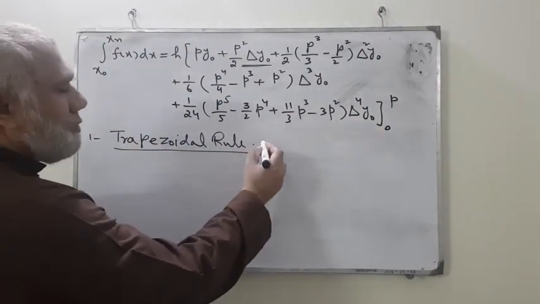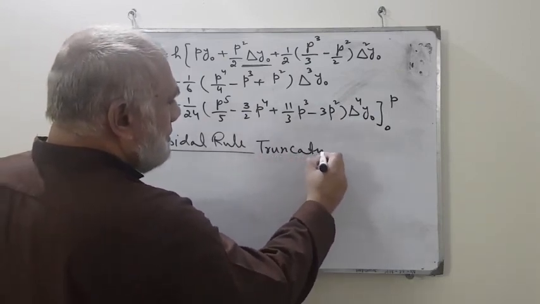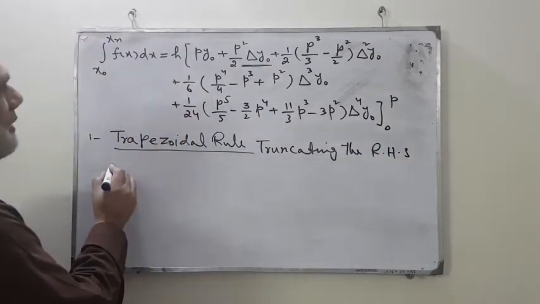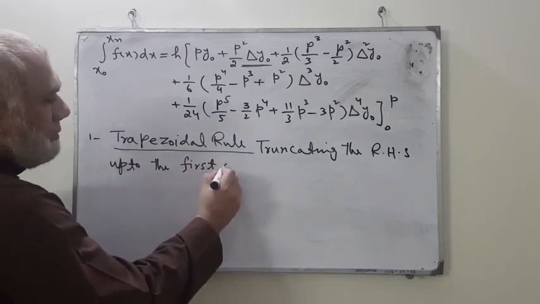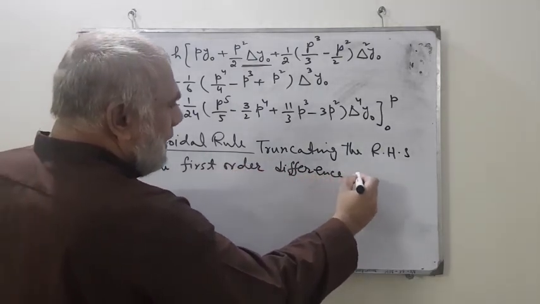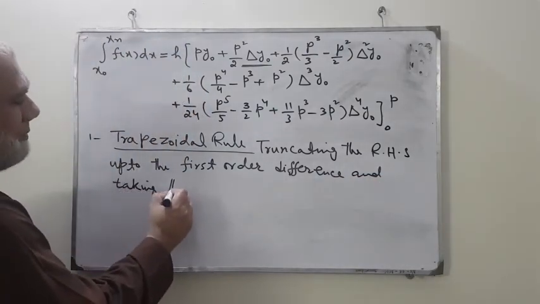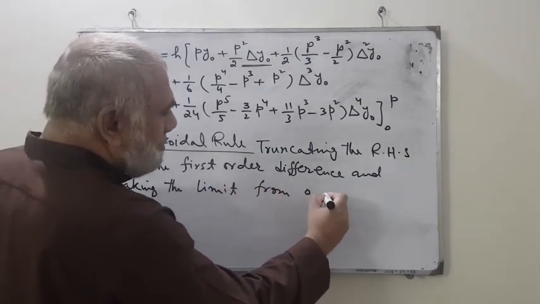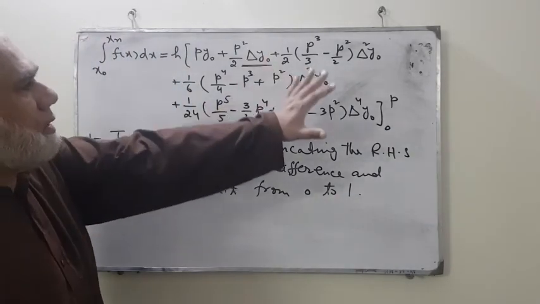So here we are going to put two restrictions: truncating the right side up to the first order difference and taking the limit from 0 to 1. This is the restriction we are going to place on this polynomial.